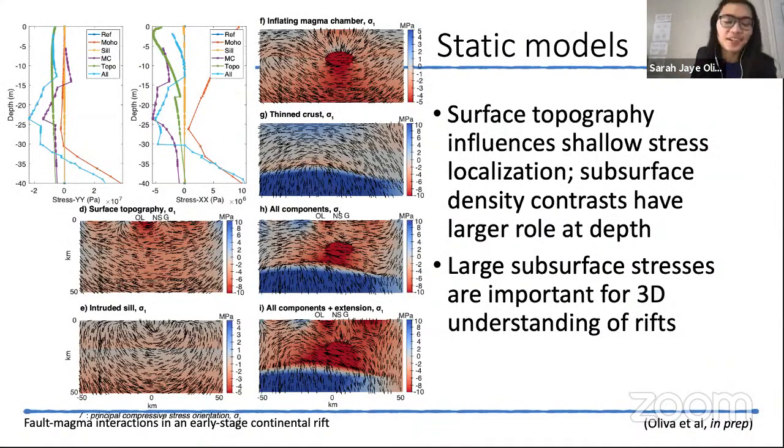I wish. The quick answer to that is no, because I was looking at a larger scale. I didn't do the smaller scale modeling to find out if there was some sort of stress or material barrier at very shallow depths that prevented the magma from reaching the surface.